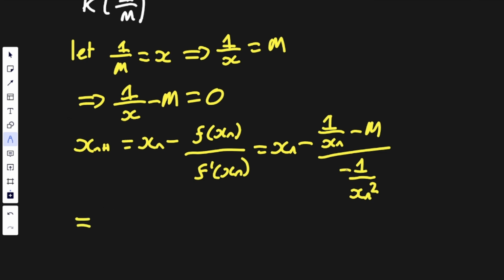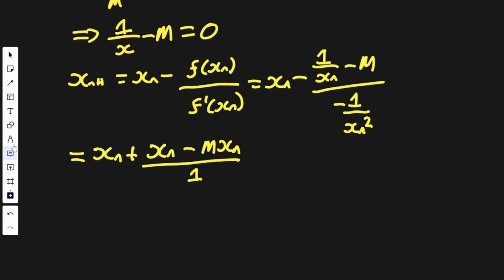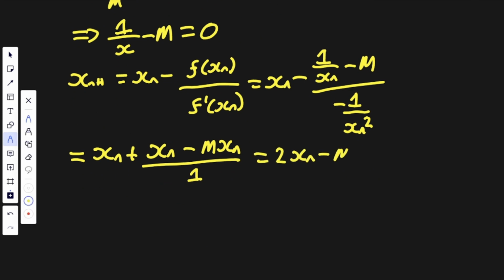So pulling out the negative, we're going to have xn plus, multiplying top and bottom by xn squared, xn minus mxn over, and this will be just 1. And simplifying this, we get 2xn minus mxn squared. That should be squared here, because I multiplied top and bottom by xn squared.